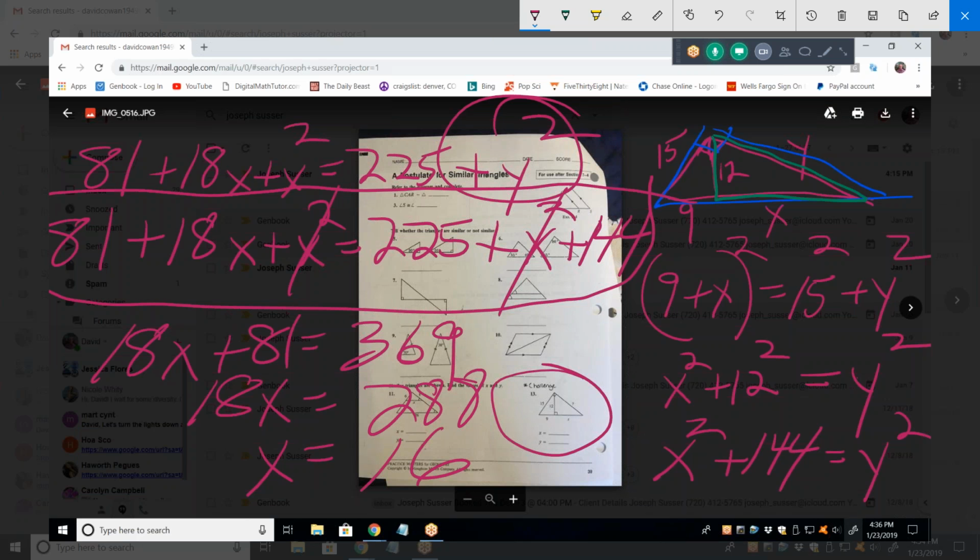So once you solve for x, now it becomes really easy to solve for y. Use either of these two equations over here to solve for y. Okay. In other words, y squared equals 16 squared plus 144. 16 squared is what? I don't know. You got the calculator.